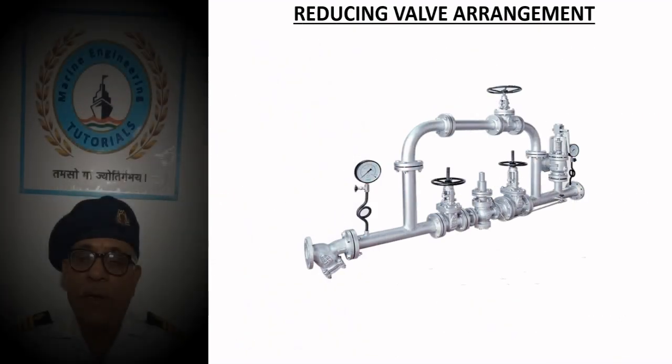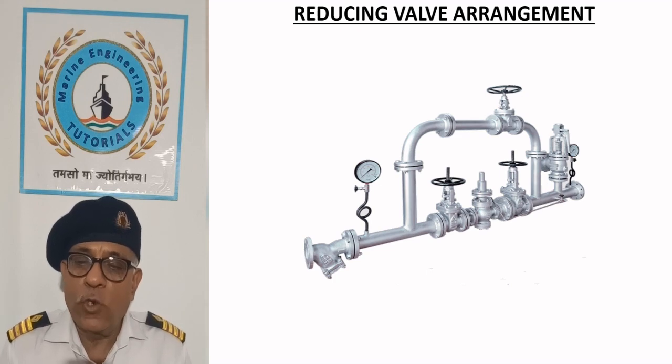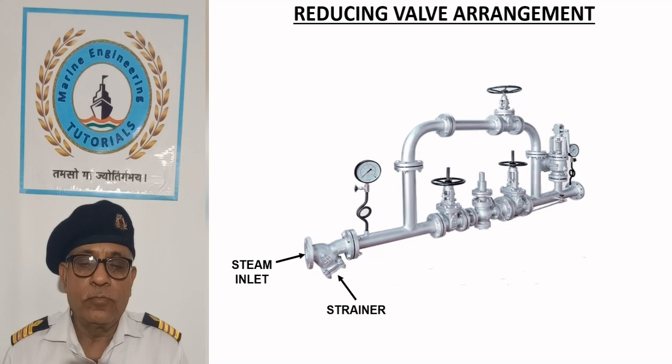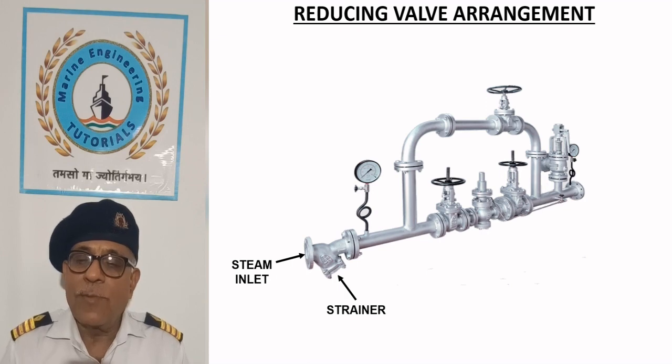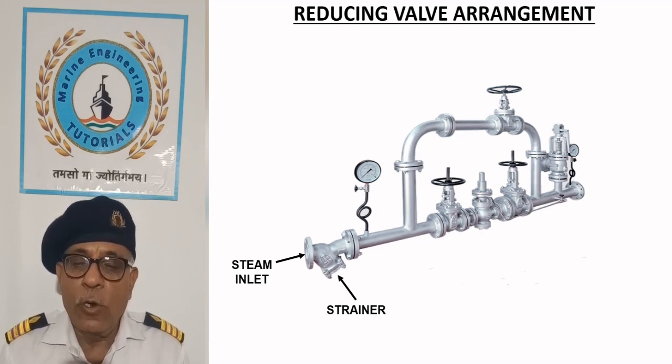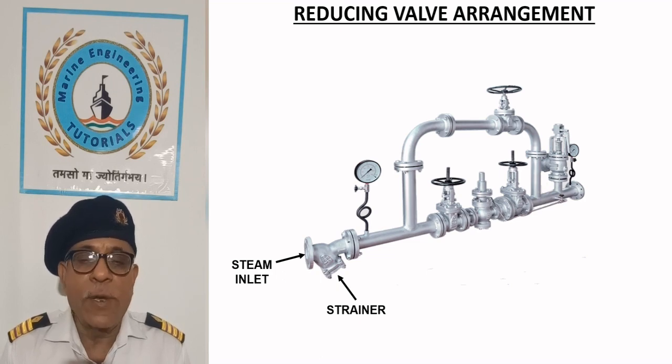Reducing valve arrangement. The picture shows a reducing valve arrangement used on the ships. Steam is admitted to the manifold through a strainer to protect reducing valve from a damage.